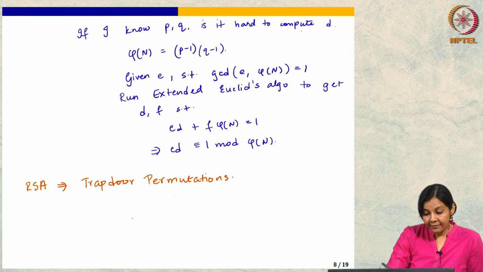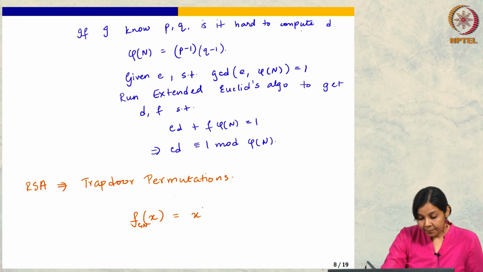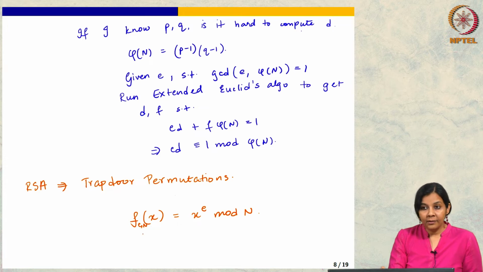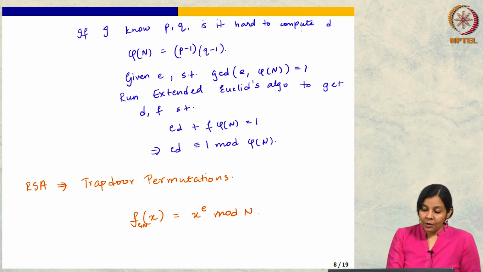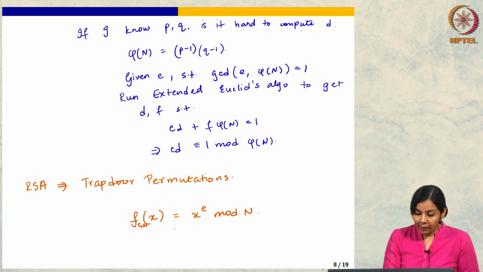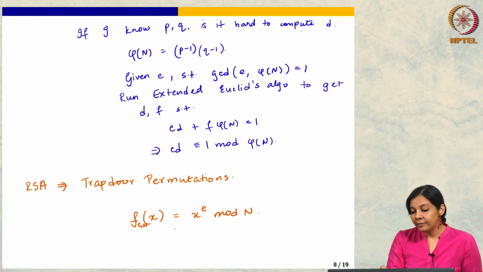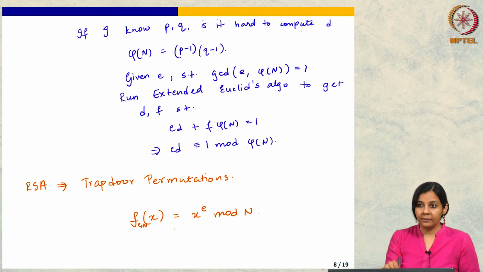Basically, if I define my function f of x as x to the e mod n, then using my trapdoor d, I can invert this function. So, d will be the trapdoor. Now, I will define trapdoor permutations a little bit more formally, but the idea is just this.